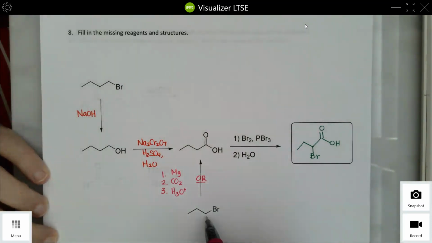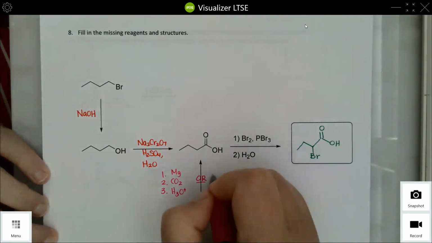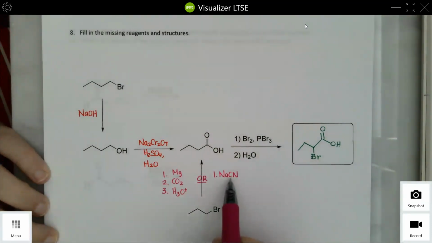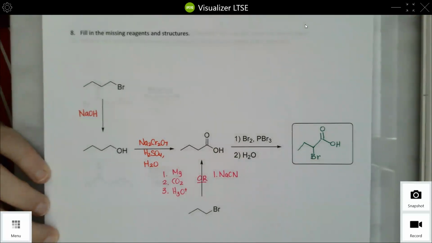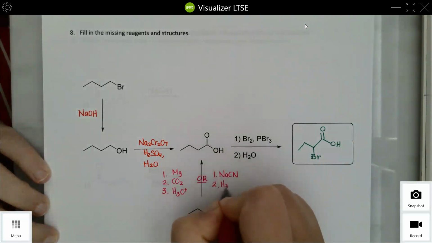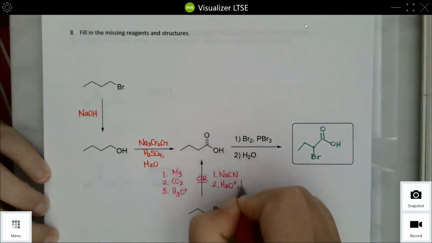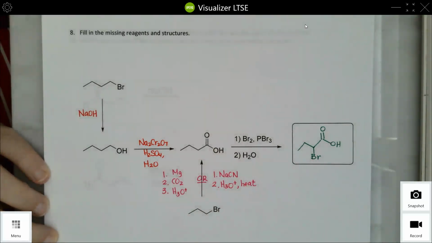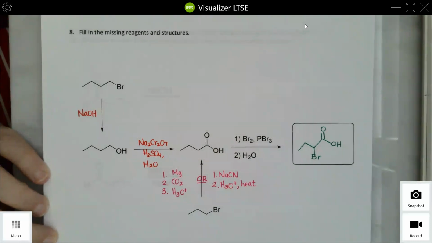Or because it's primary, so we can do an SN2 reaction, we can also use sodium cyanide, and that will actually give us our extra carbon right there. So we'll get a nitrile intermediate, and nitriles can be hydrolyzed to a carboxylic acid under acidic conditions with heating.